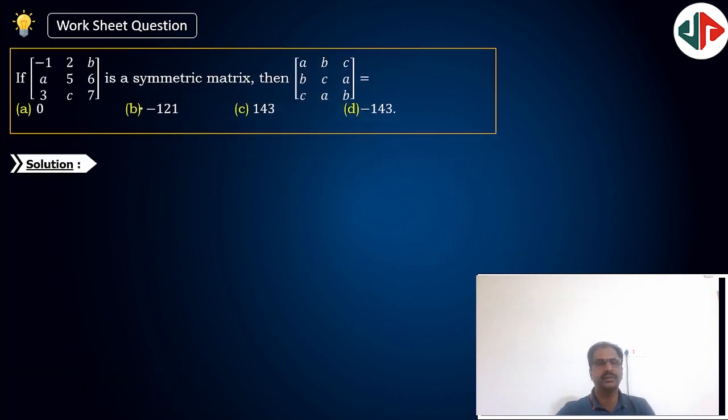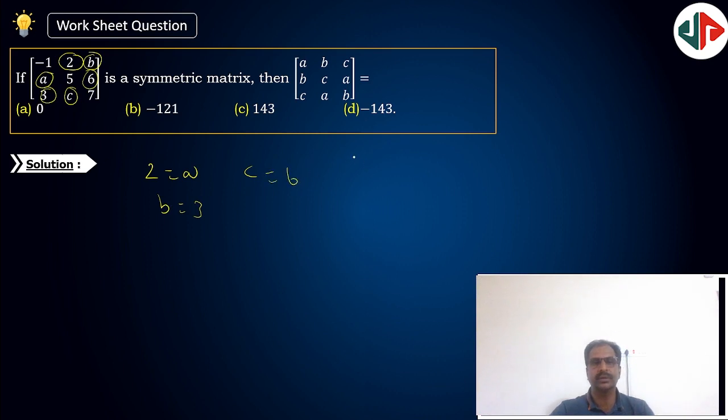Next, given that the given matrix is symmetric. Symmetric means these two should be exactly equal. So 2 should be A and B should be equal to 3. C should be equal to 6.